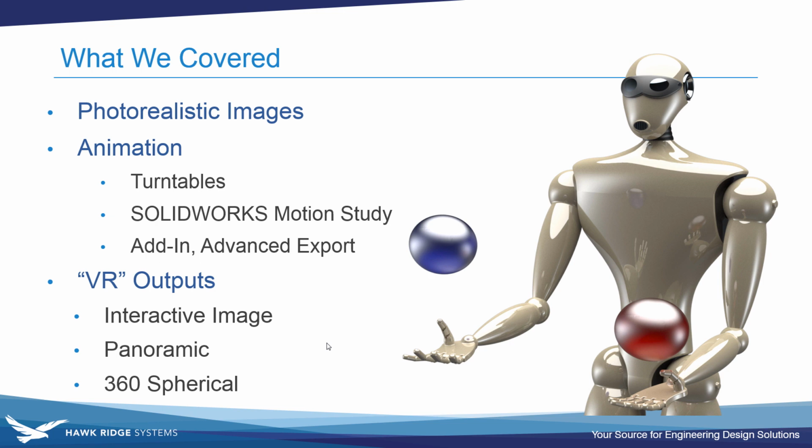And if you've played around with Visualize at all, you'll know that the environments that you choose are HDR images. And they're projected on a sphere that's around the model. So what I'm trying to say is that you can create your own HDR environments based on using 360 spherical images as output, and then using those as environments.